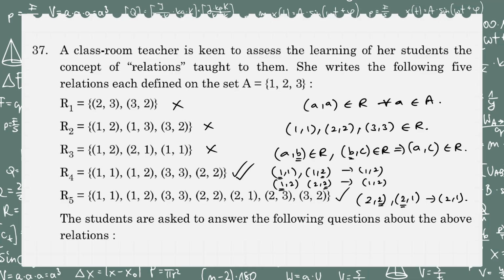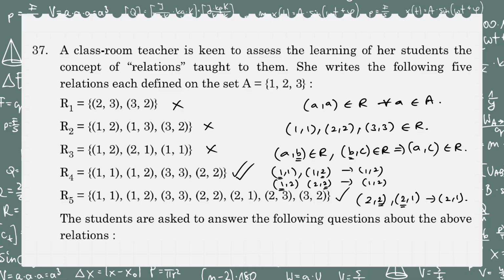Then if I take (2, 1) and (1, 2), (2, 2) will be obtained. That is also there. If I take (2, 3) and (3, 2), that gives me (2, 2). That is also okay. When I take (1, 2) and (2, 1), I get back (1, 1).